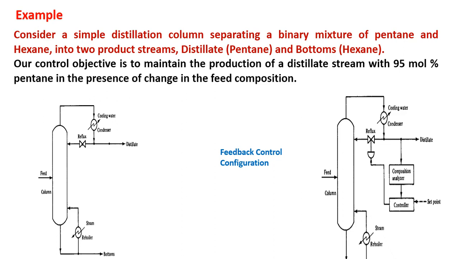Now suppose the distillate is 60%. That value goes into the controller and is compared with the 95%, the desired value. The error is negative, so the controller tells the valve to open the reflux so that more and more outlet goes back into the system so that we can achieve a distillate of 95%. So this is how your feedback controller configuration works.